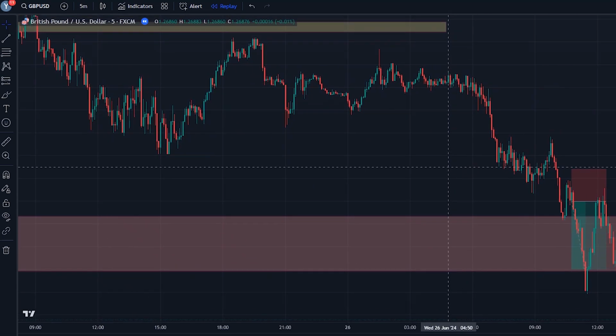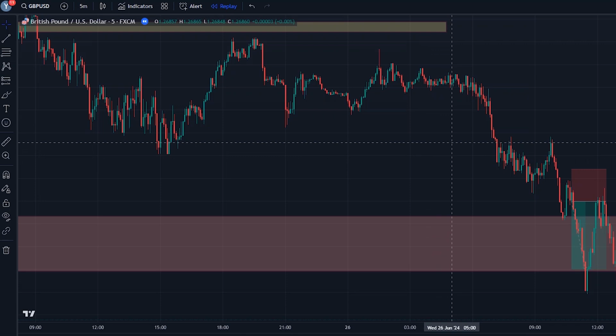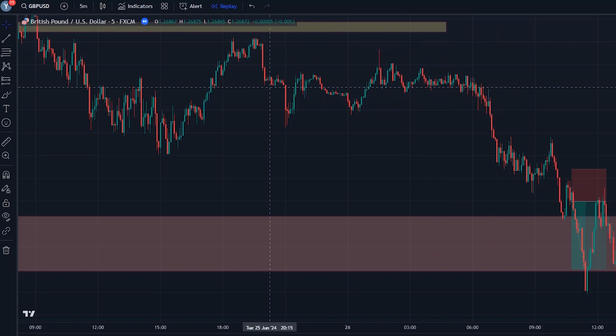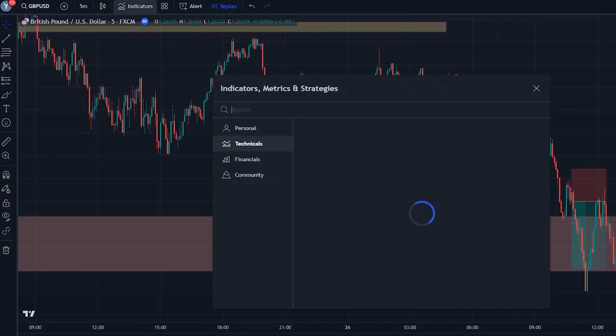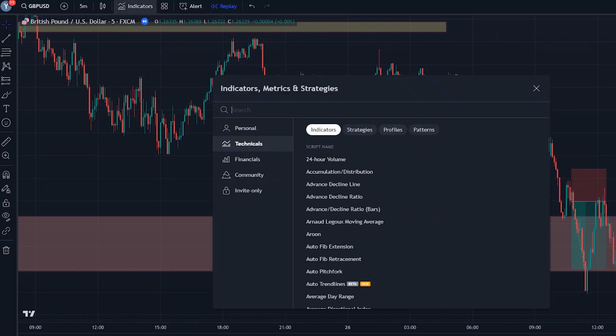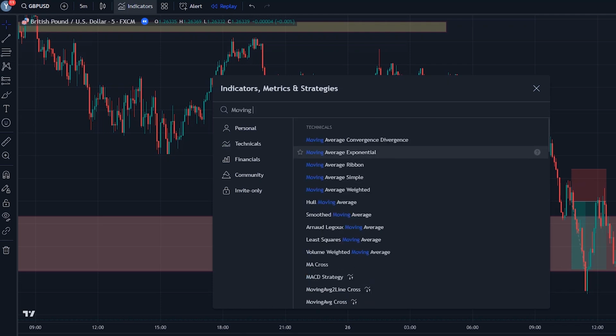So the bonus is just like this. In order for you to easily identify an uptrend or downtrend in the market, so that you can enter the market using a sniper entry strategy, you come over to the indicators right here, and you can search for an indicator called moving average exponential.